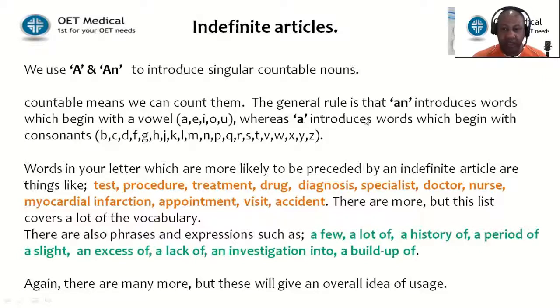Whereas a introduces words which begin with consonants, which are all the other letters. And no, I'm not going to give you an example of each one because it will take a long time. So you can figure that one out.